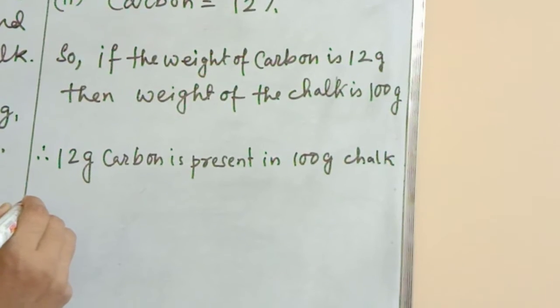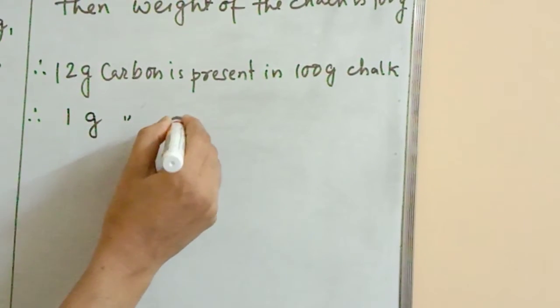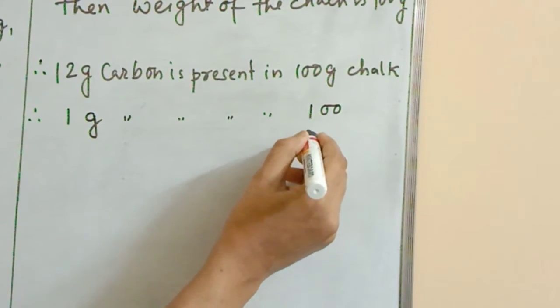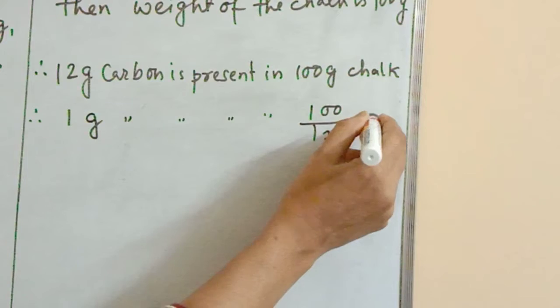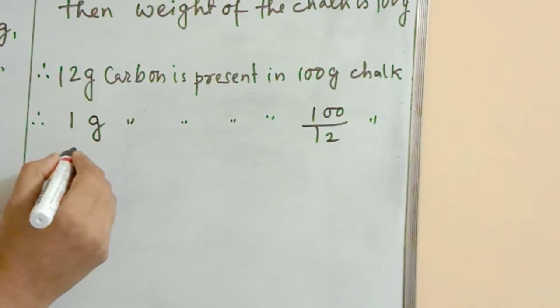or 1 gram carbon is present in 100 by 12 gram of chalk. Now 3 gram carbon is present here.